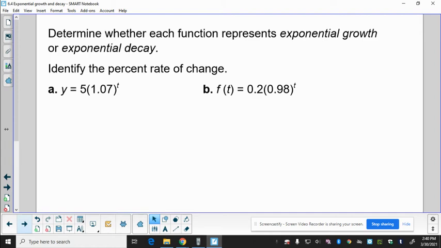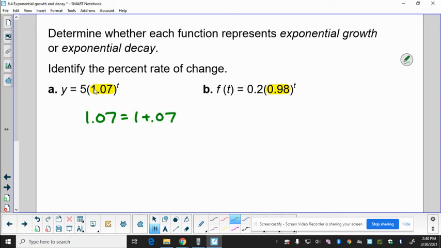Determine whether each function represents exponential growth or decay, and then identify the percent rate of change. Okay, so what I need to do is look at this value. That's the growth factor or decay factor. So in part A, 1.07. Well, I got to tell you something. 1.07 could be written as 1 plus 0.07, right?